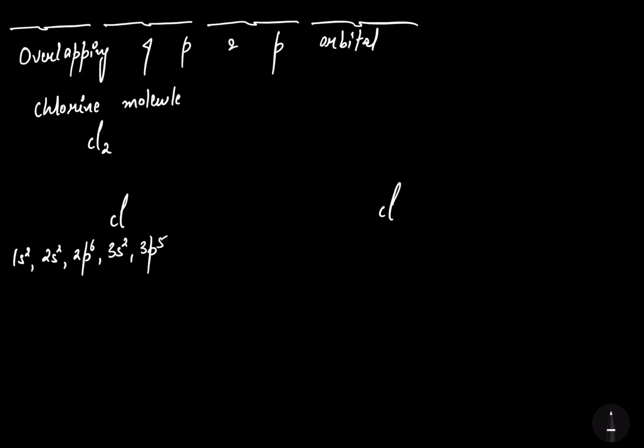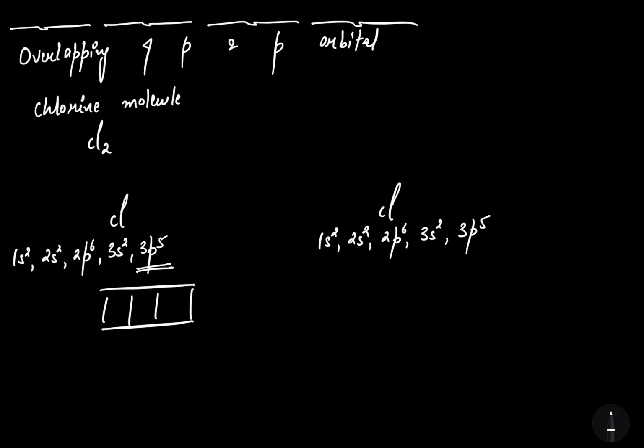Now for another chlorine, it will be again 1s2, 2s2, 2p6, 3s2, and the 3p5. For both the cases, we have to draw the orbital diagram. As p is having 3 orbitals, that's px, py and pz.